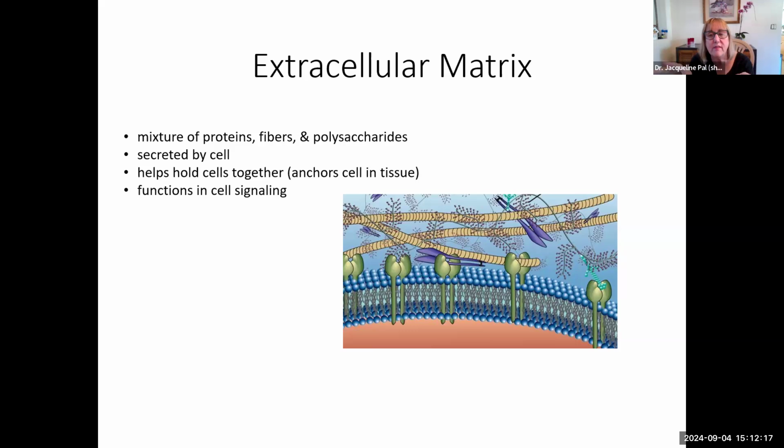There's going to be a plethora of things that the cell secretes and gets rid of. But they're not necessarily waste products because some of these things will help anchor the cell in the tissue it's located, and other ones are super important for cellular signaling. In other words, for cells to signal to other cells what it is they're supposed to be doing. Cells are sitting around waiting for messages to tell them what to do.